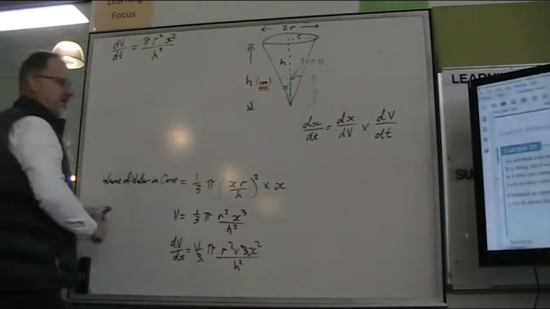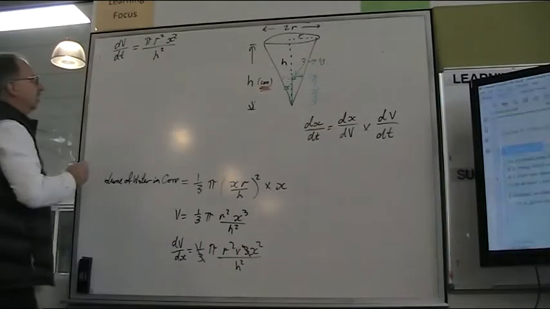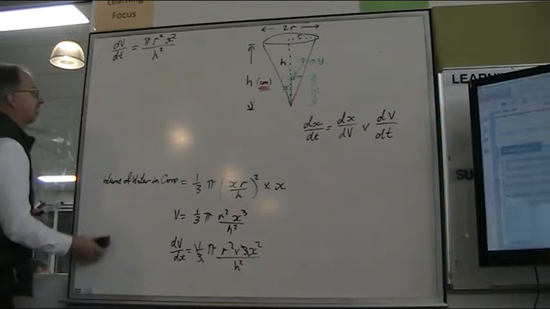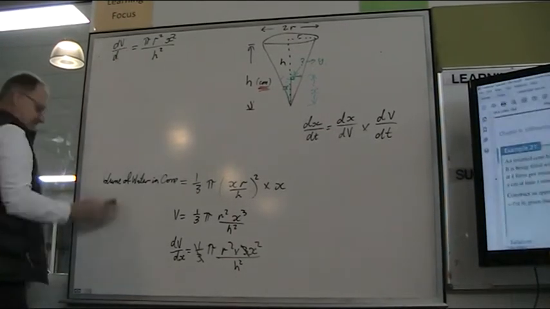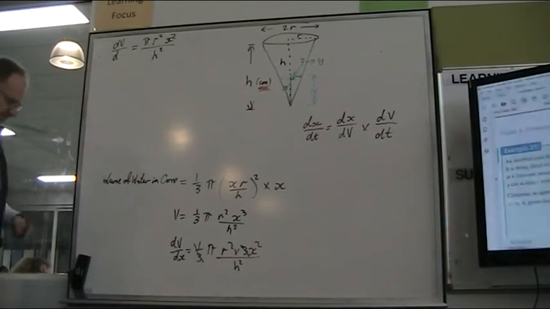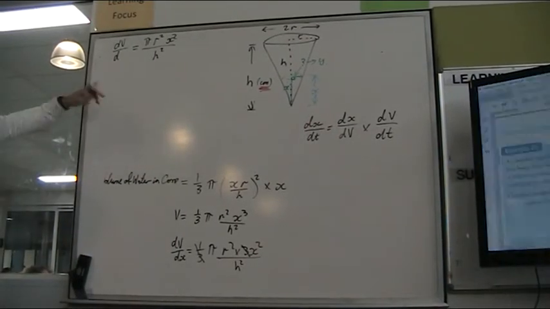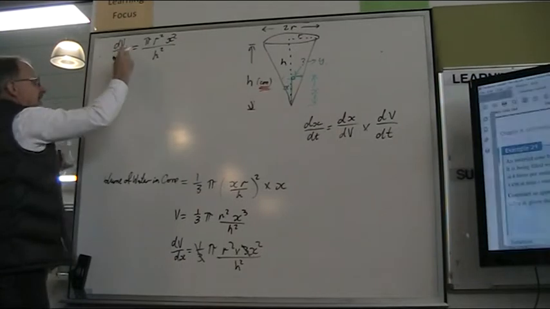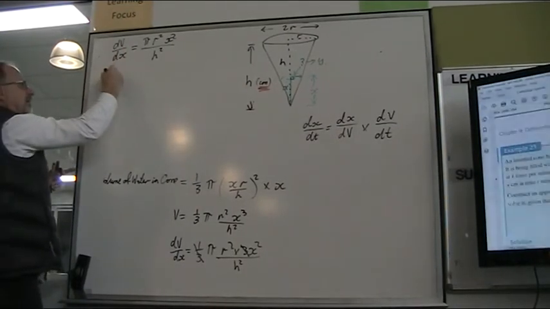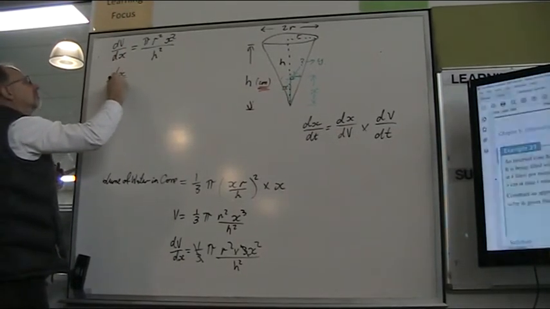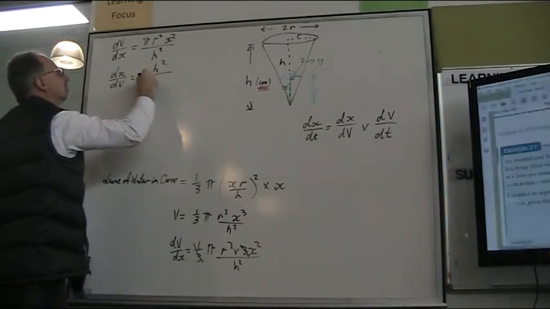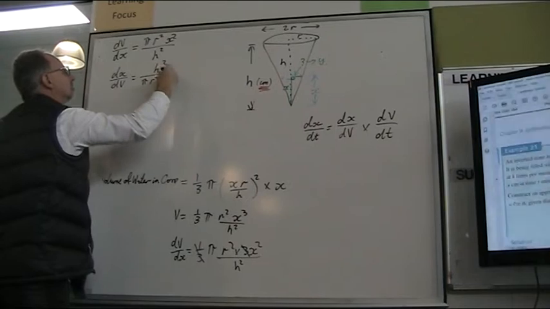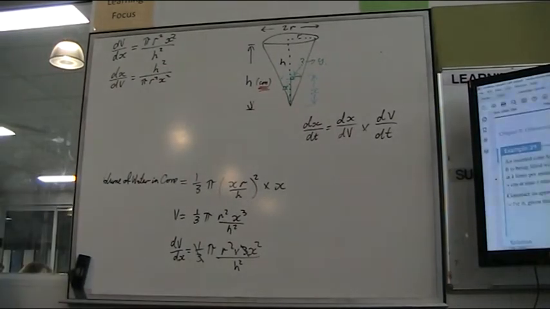All right, over here we need dx/dV, so, sorry, shouldn't we have t there? It's x. Getting ahead of myself. Over here we've got dx/dV, so we need to flip both of those. So there we are.